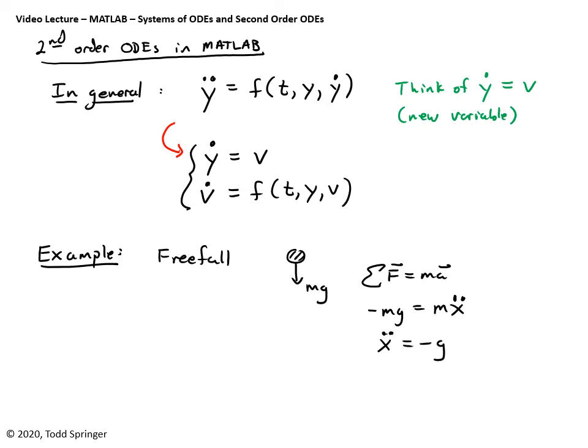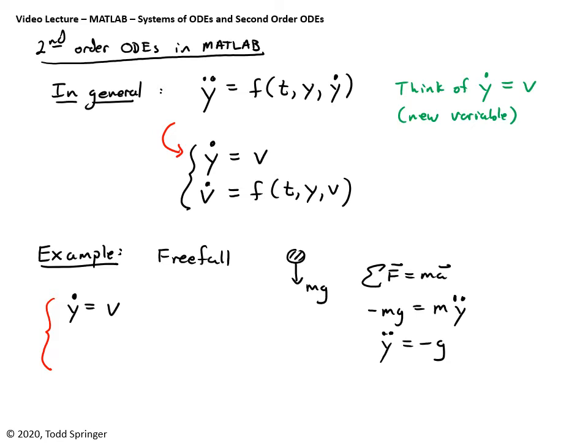I can write this as two equations. I get a system of equations. The first one is, so maybe I better call it y, just to match with above. So the first one is y dot equals v.